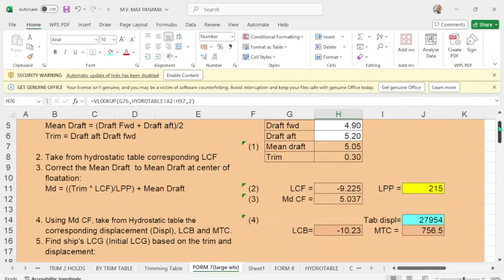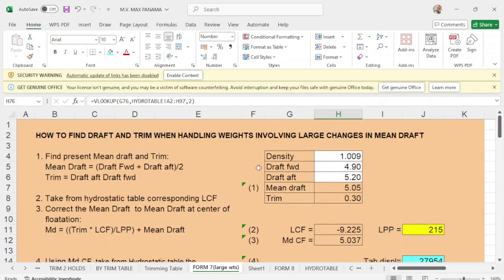I will also leave a blank form for you to make a copy, so that you can do your exercises and fill in the blanks as you study this procedure. Okay, so that's it, guys.